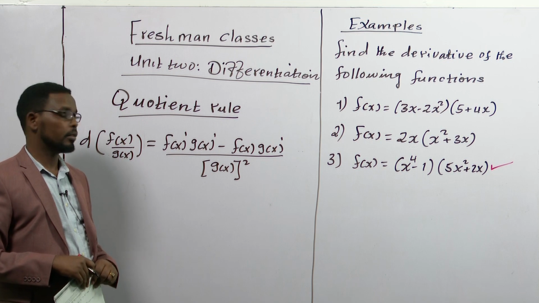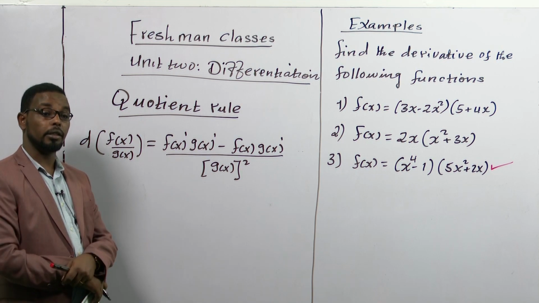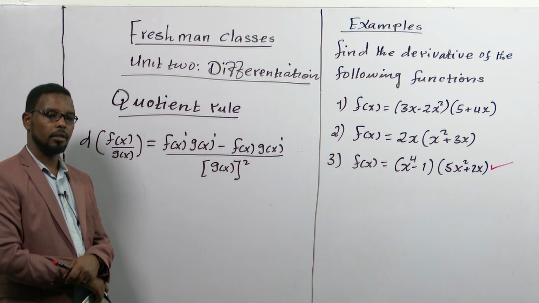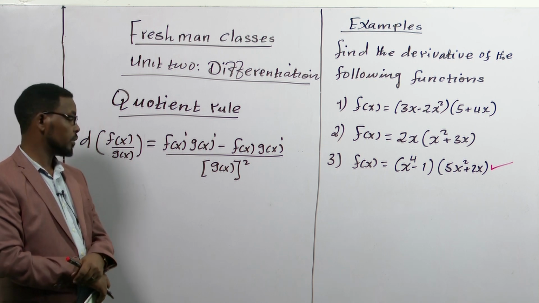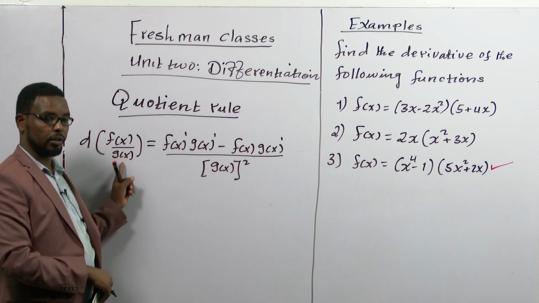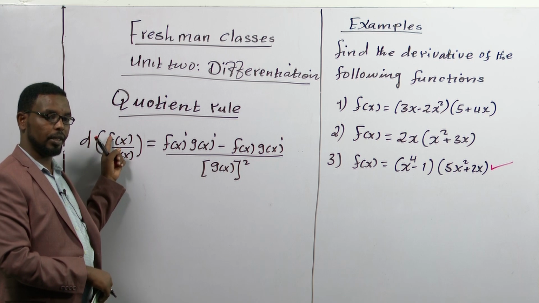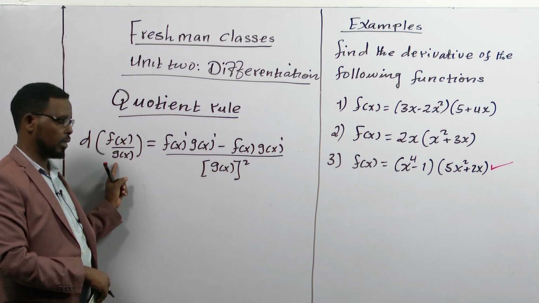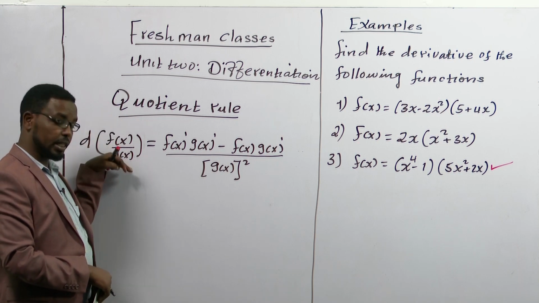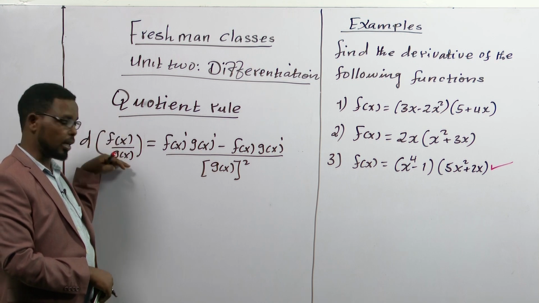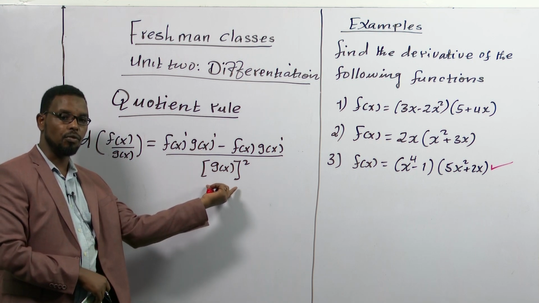Okay, this is the quotient rule, the rule of definition. We have here two divided functions, f of x divided by g of x. If we have any function with this structure, we can use this formula.